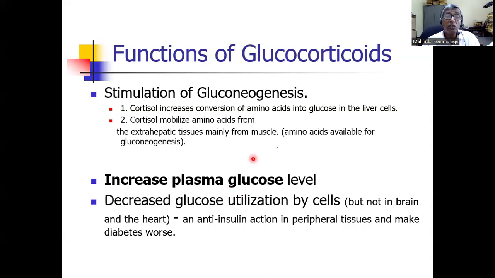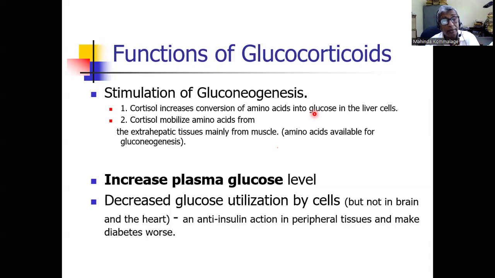Glucocorticoid action, stimulated by cortisol: cortisol increases the conversion of amino acids into glucose in the liver. So basically cortisol is important for glucose and protein metabolism.